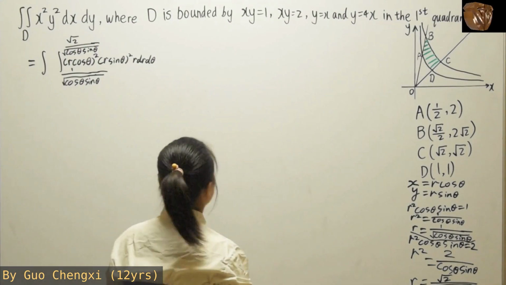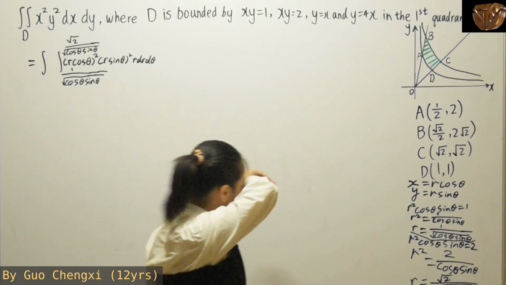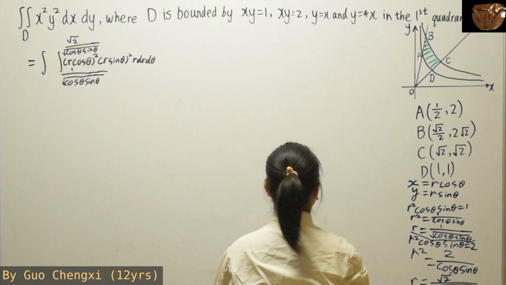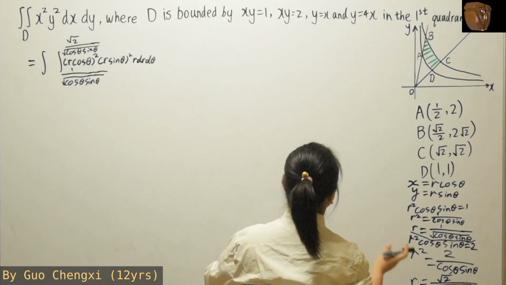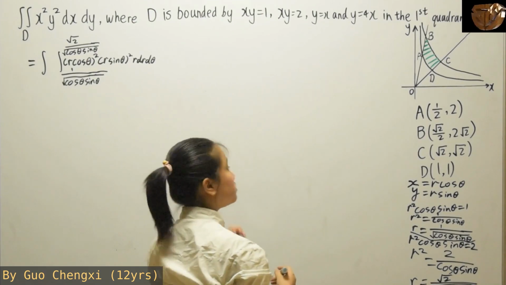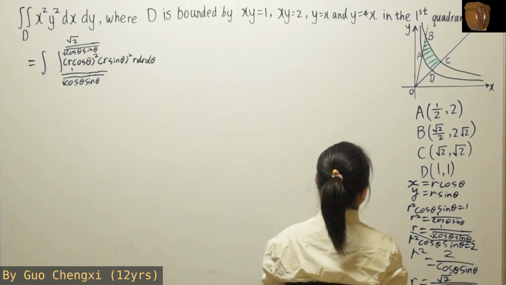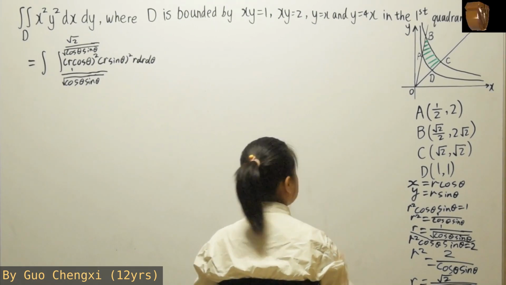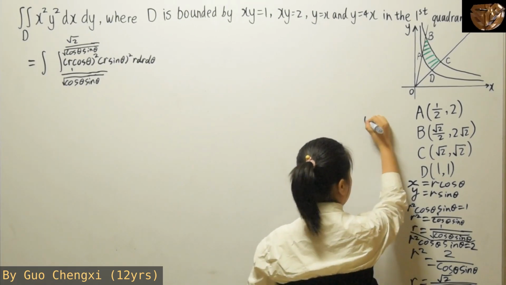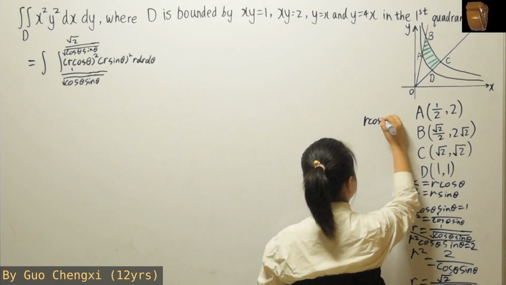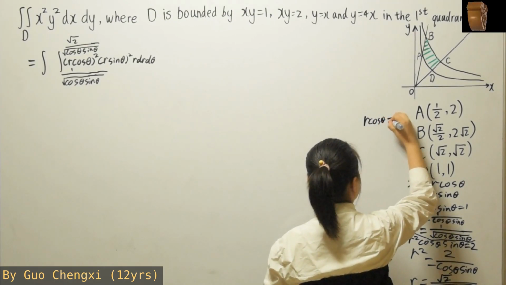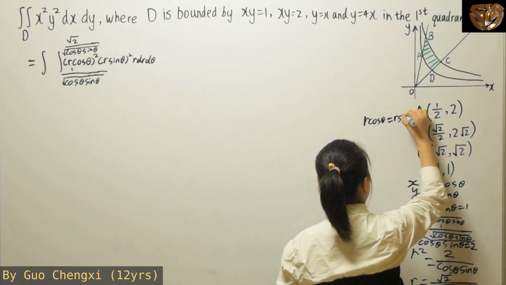Now that we have r, what we need now is theta. For theta, we go from CD to AB. For CD, y equals x, which is basically r cosine theta equals r sine theta.